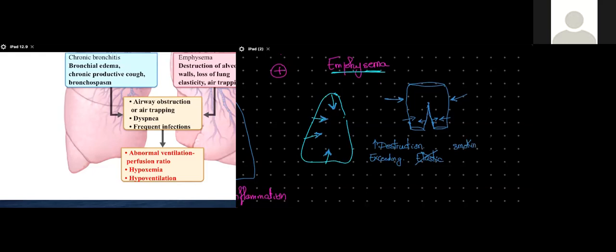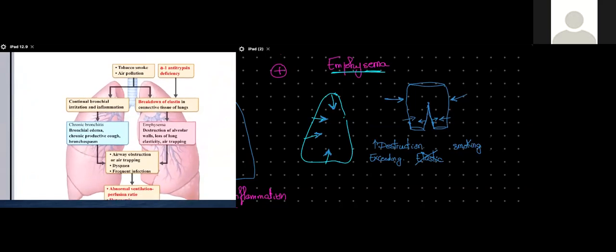Smoking breaks down the elastic tissue. Also, there is a genetic disease, alpha-1 antitrypsin deficiency, which also results in over-destruction of the elastic tissue. And if I am reducing the elastic tissue, the lungs will fail to recoil.